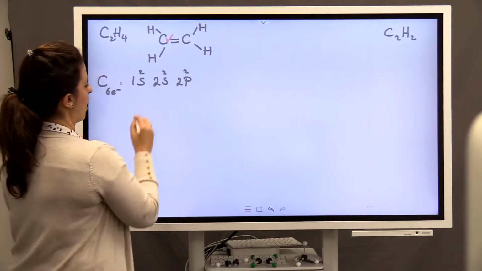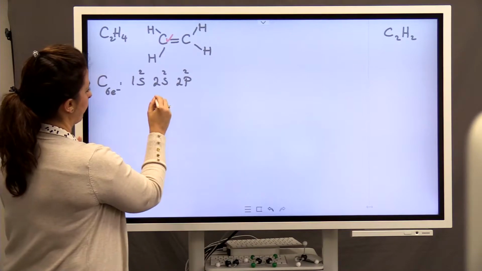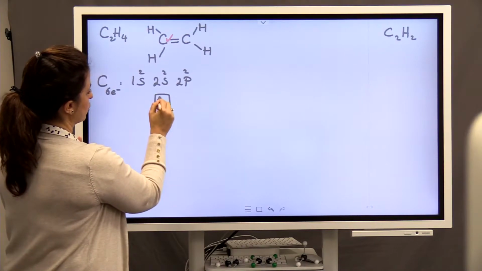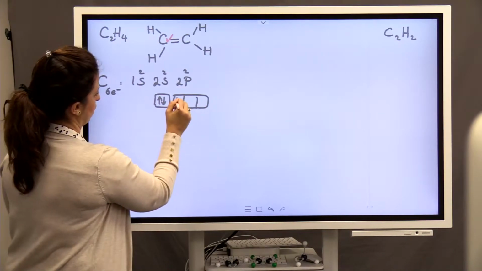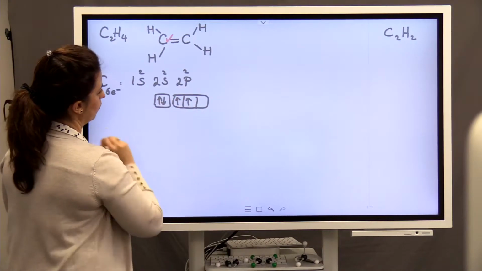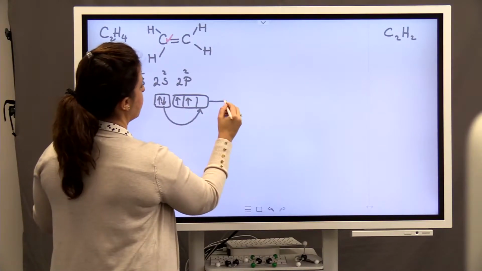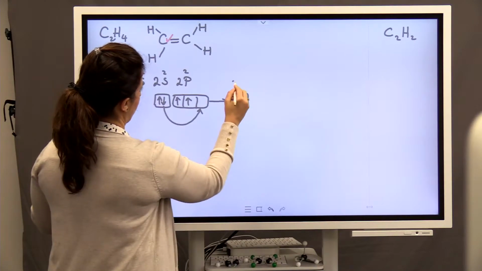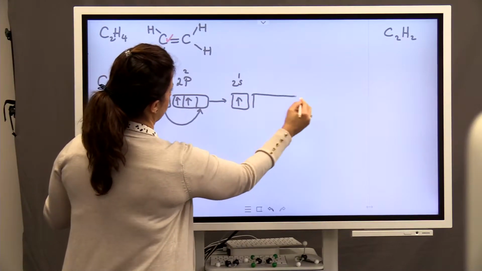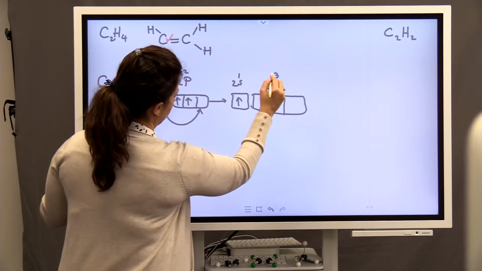So let's see what happens here at this level. Again, in the valence shell, the electron must jump. You have 2s1 again and 2p3.